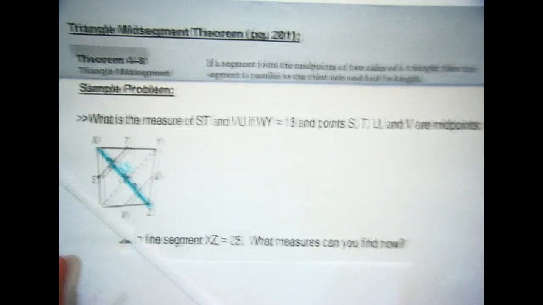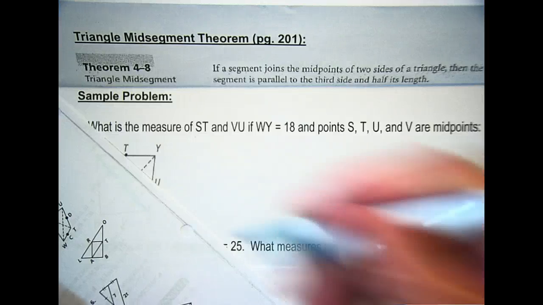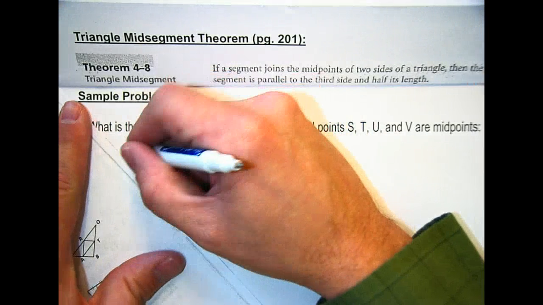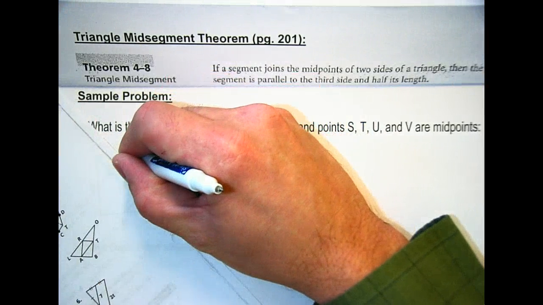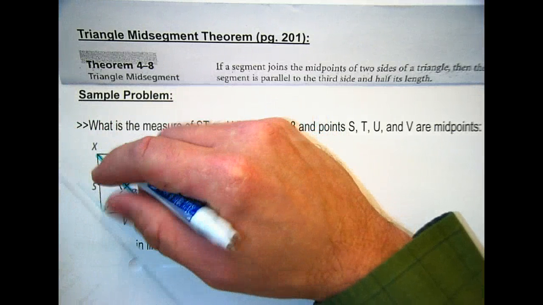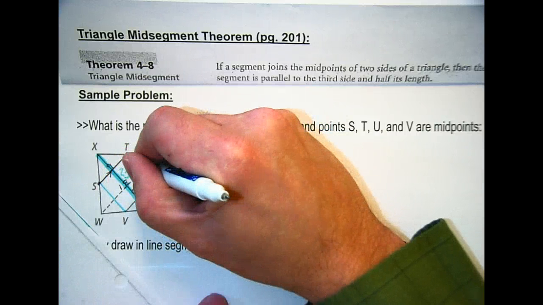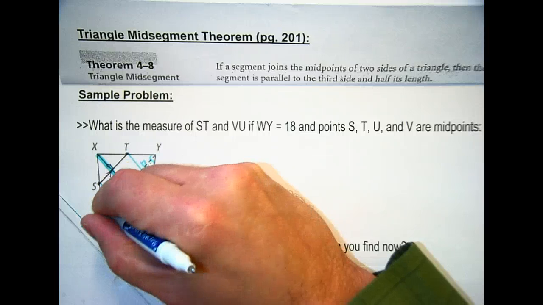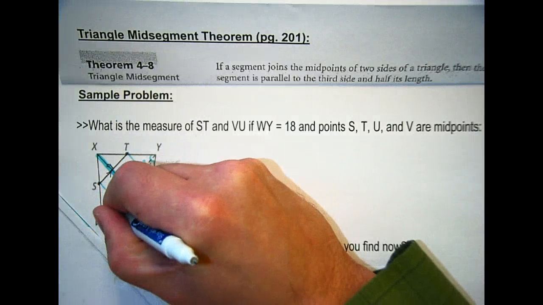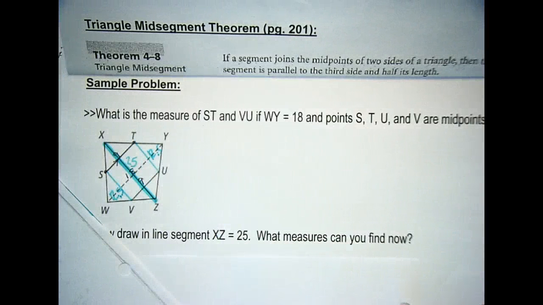So now you could continue. All right, good. We connect TU, we connect SV, and they both are 12 and a half. Okay? All right, it's half of 25. Those are the mid-segments of it.